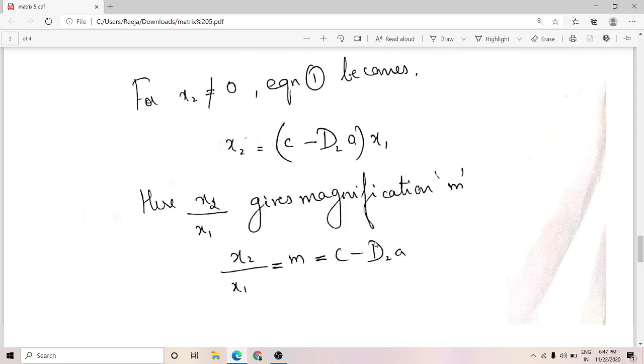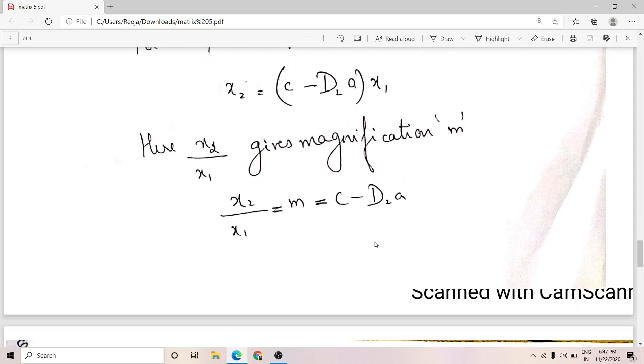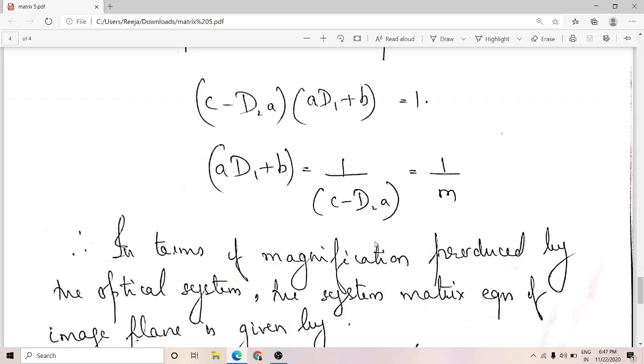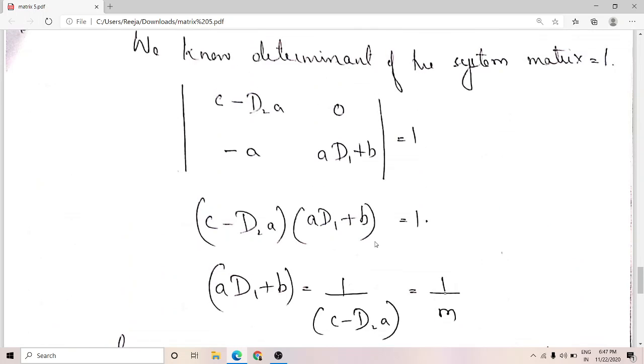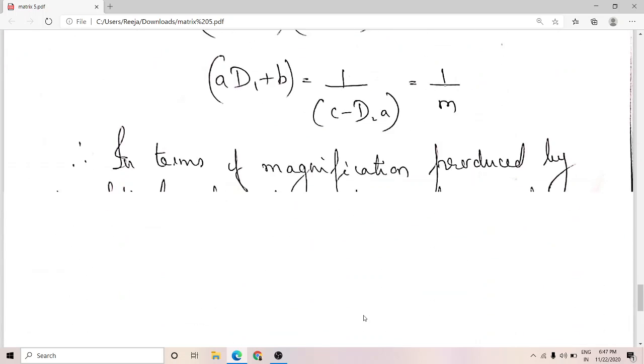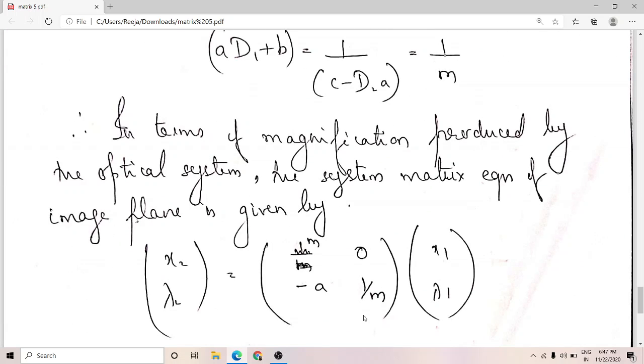From that, I write down the magnification. Magnification is also found by finding the determinant of the system matrix. And finally, I write down the system matrix equation of the image plane: the column matrix x2 lambda 2 is equal to small m, 0, minus a, 1 by m into x1 lambda 1.